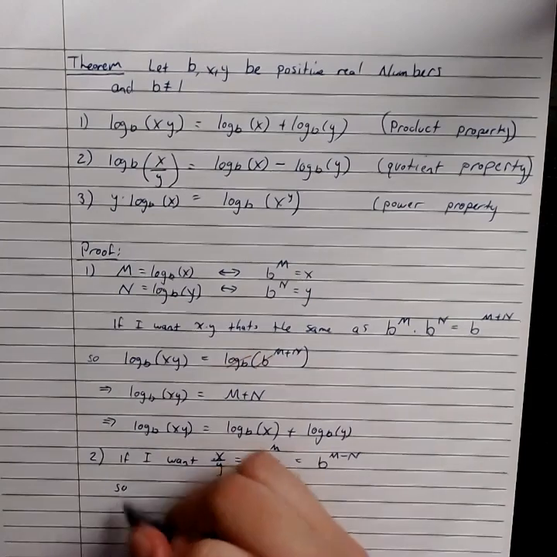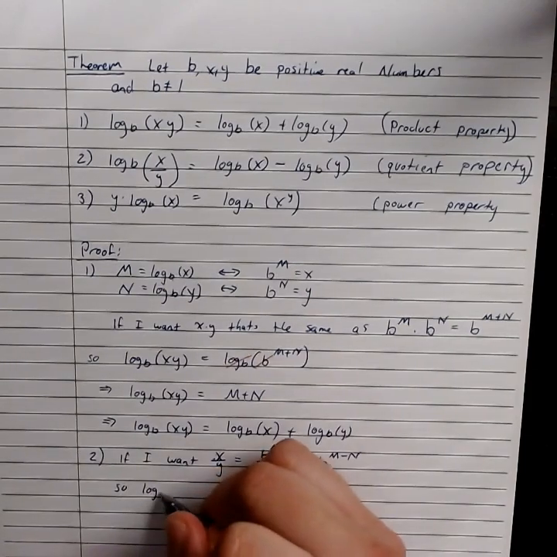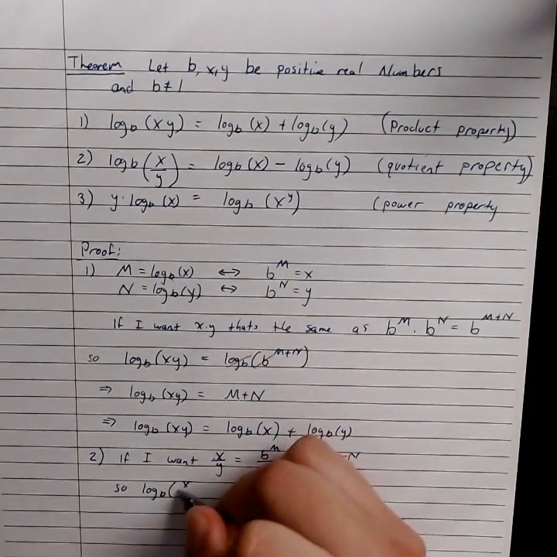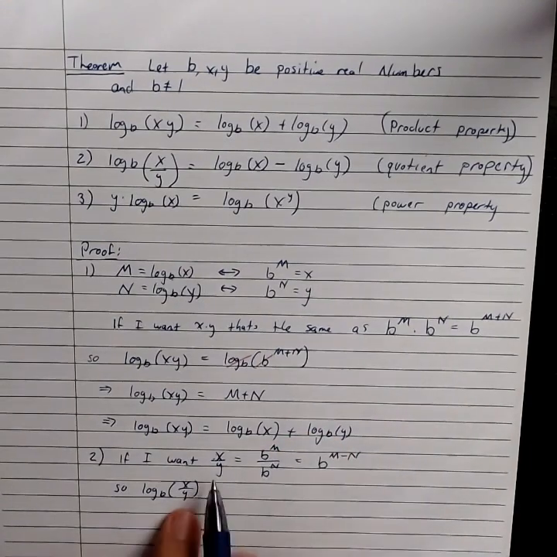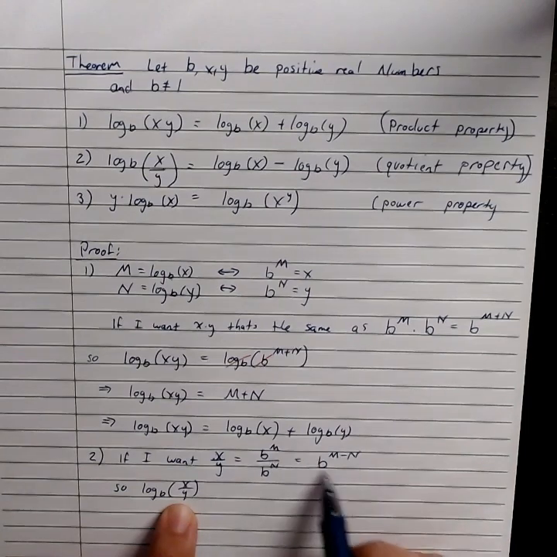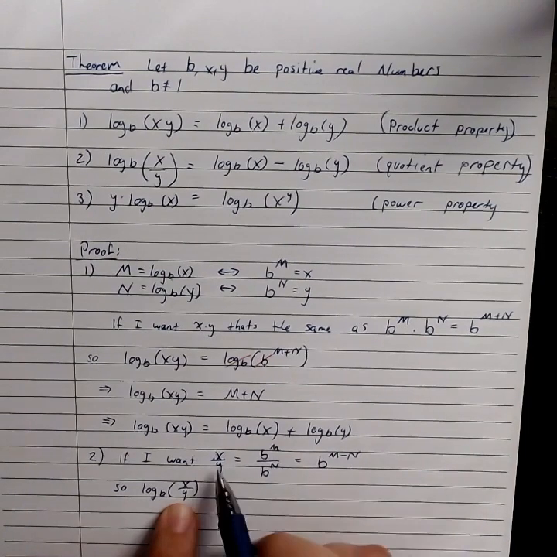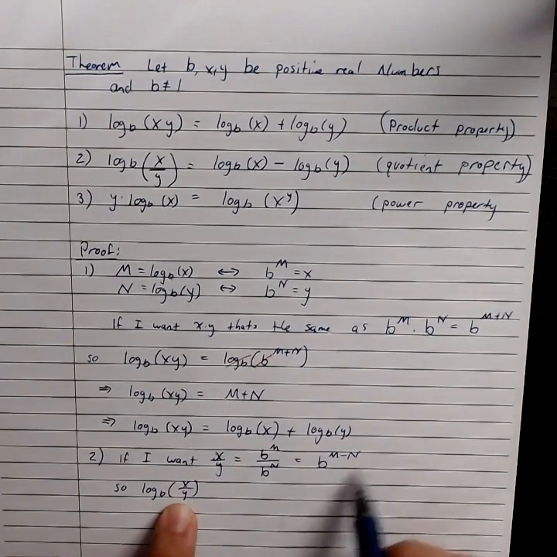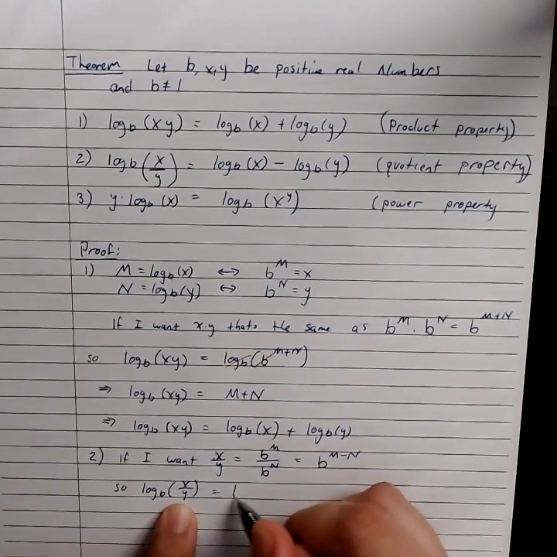So, if what I want to do now is take the log base b of x over y, well, that's the same as taking the log base b of this thing. After all, x over y is equal to b to the m minus n. So if I take the log of this, that's the same as taking the log of that.